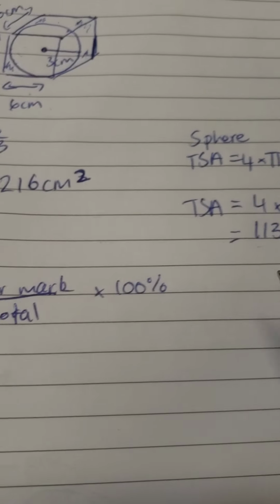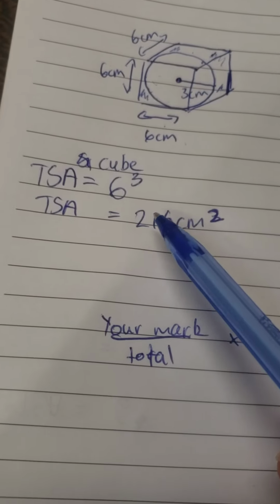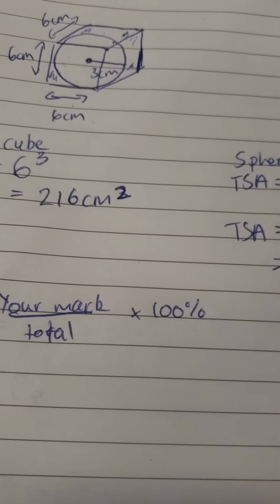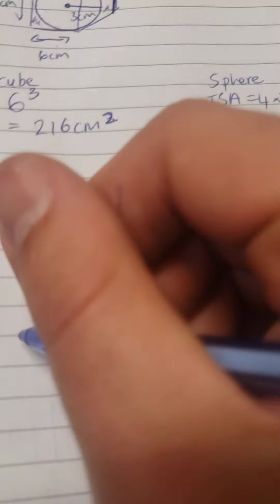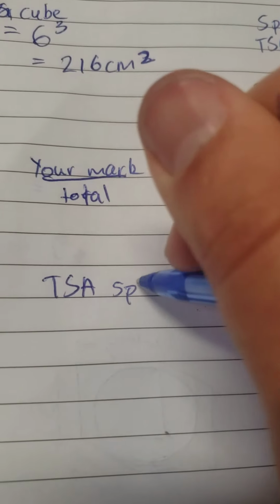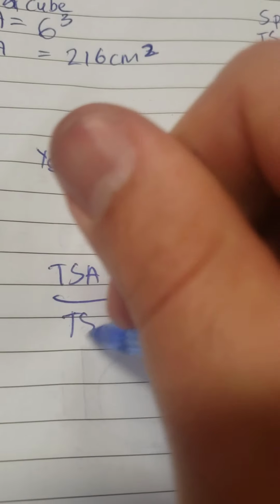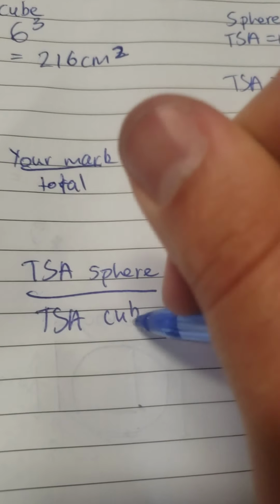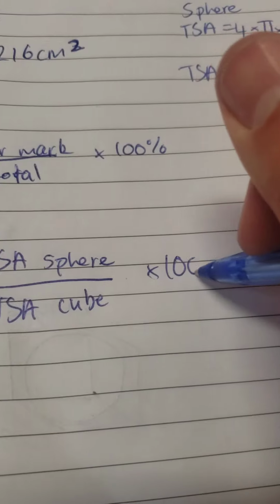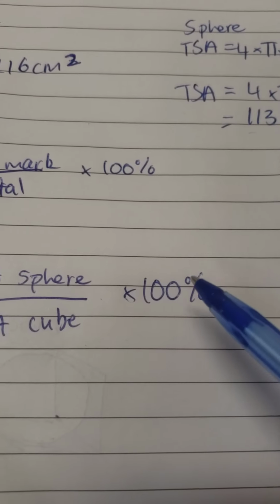In this case, we've got to find the sphere compared to the total, which would be the cube. So it's the total surface area of the sphere compared to the total surface area of the cube, times 100%. I'm going to do this value divided by this, and then times 100.